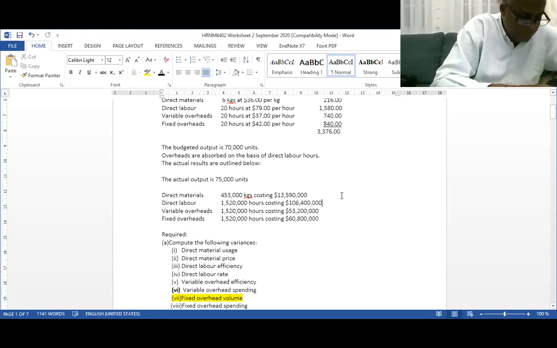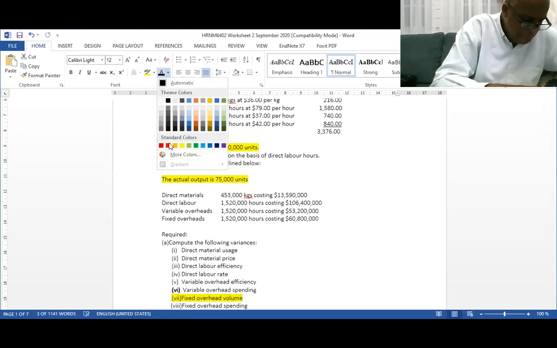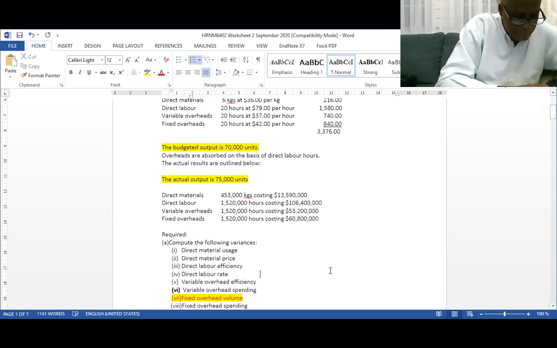It's budgeted output, open brackets first of all, budgeted output minus actual output, close brackets, multiplied by standard fixed overheads per unit.